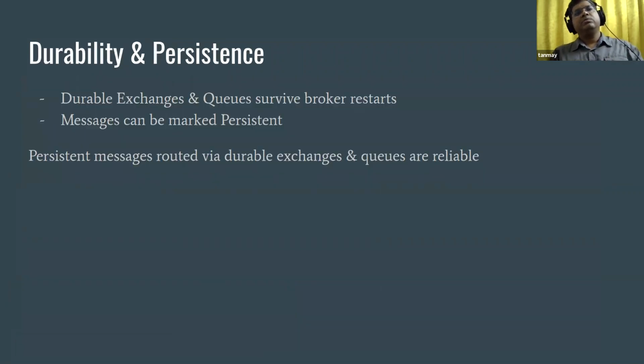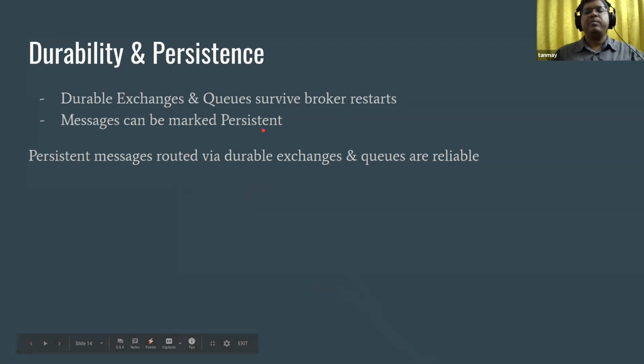Okay, so this is probably a good point to talk a little bit about durability and persistence in AMQP. So exchanges and queues can be designated as durable. What this means is they will be restored back to the previous state in case the broker crashes and is restarted. Similarly, messages can be designated as persistent, which means that they are checkpointed.